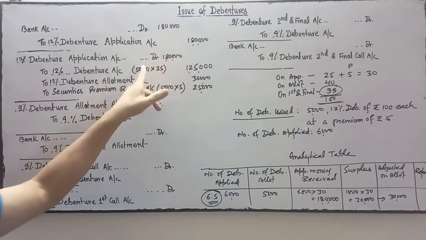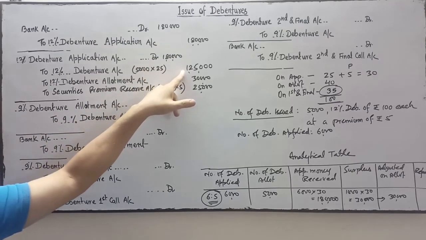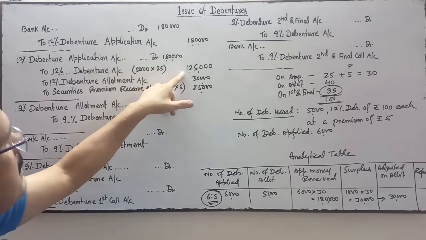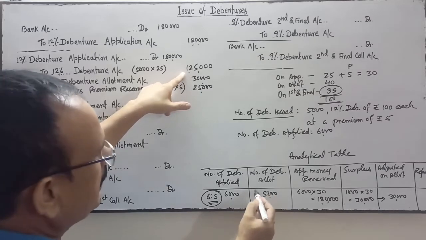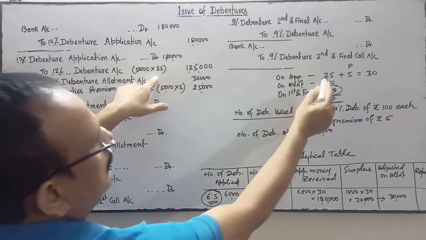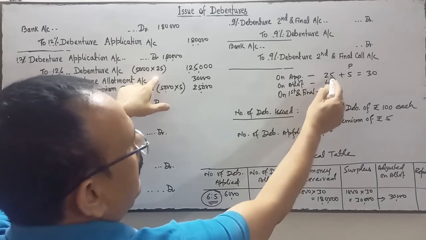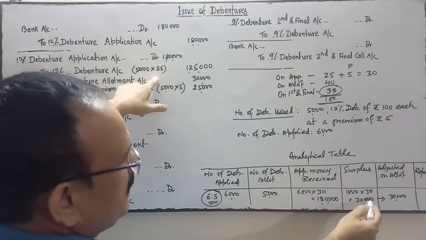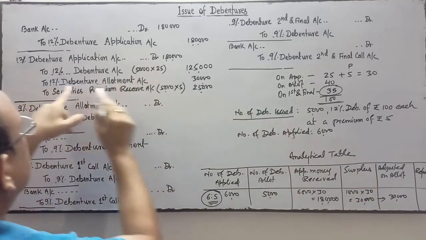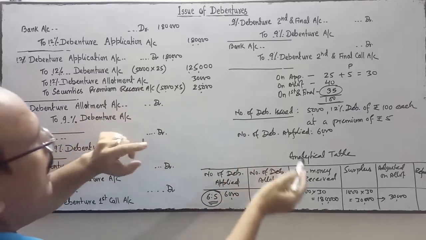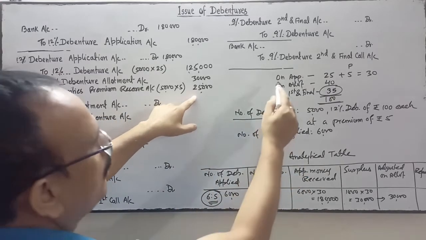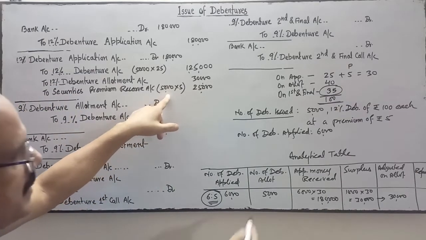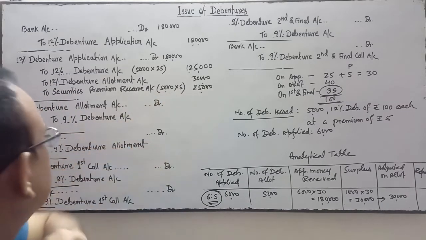Now some amount is transferred to the 12% debenture account. How is this amount calculated? Number of debentures allotted into the application money excluding premium. Thereafter, the surplus money is adjusted on allotment, so debenture allotment. And on securities premium, because on application there was a premium of rupees 5 per share, so 5,000 shares allotted into premium money.